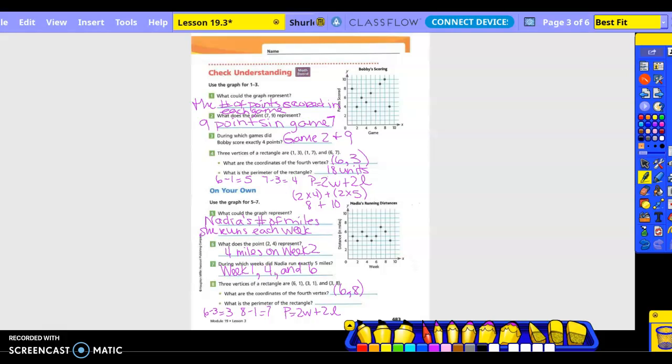So this would be (2 times 3) plus (2 times 7). What is 2 times 3? 6 plus 14, which gets us 20. Okay, did they ever give us what each unit was? No, so it would just be units.